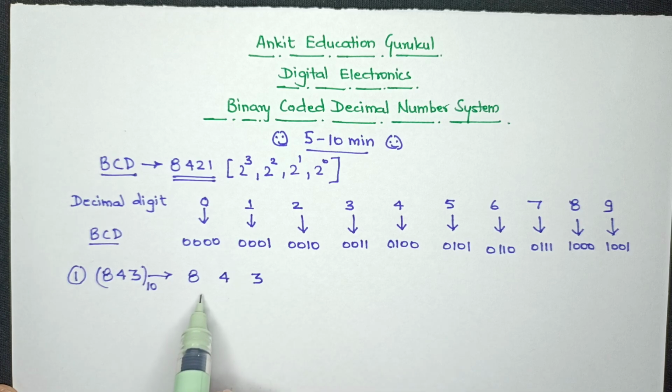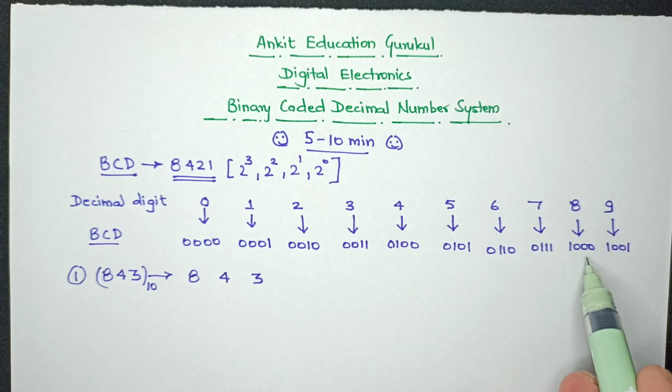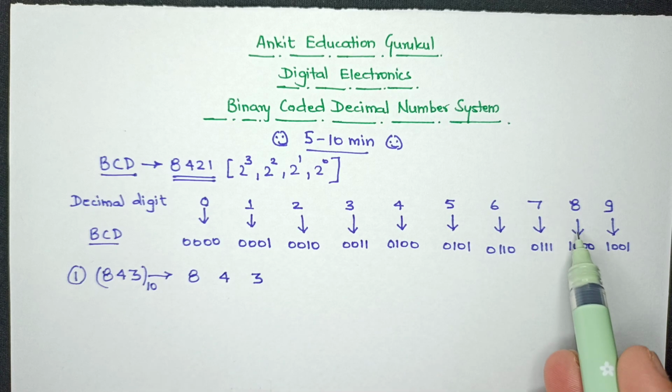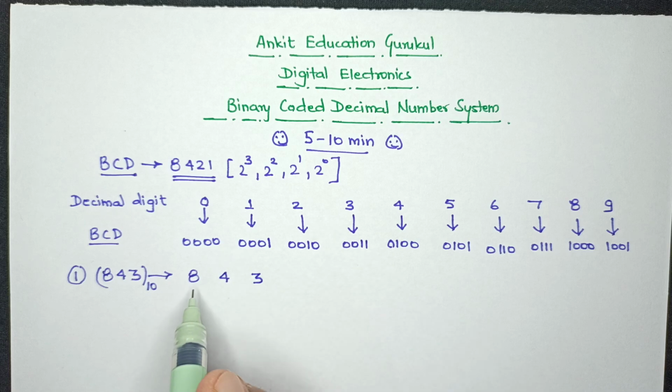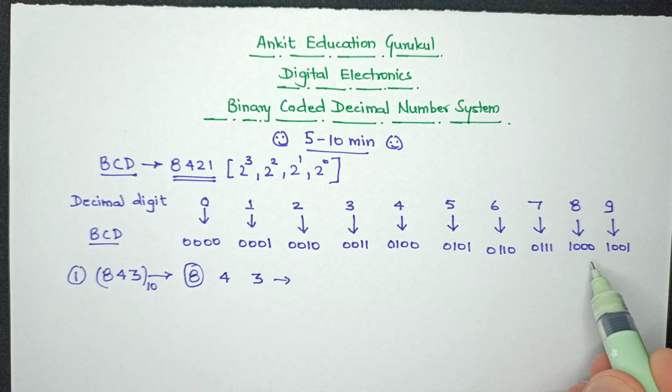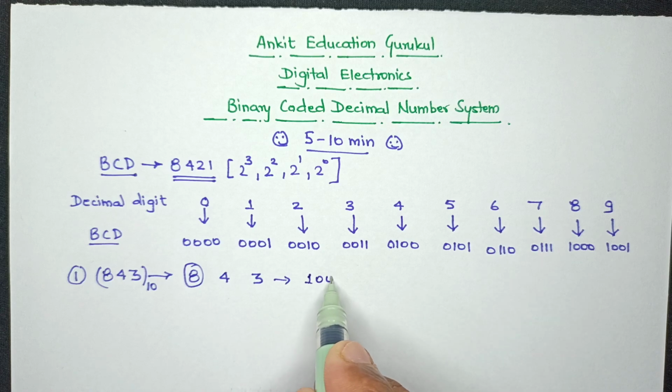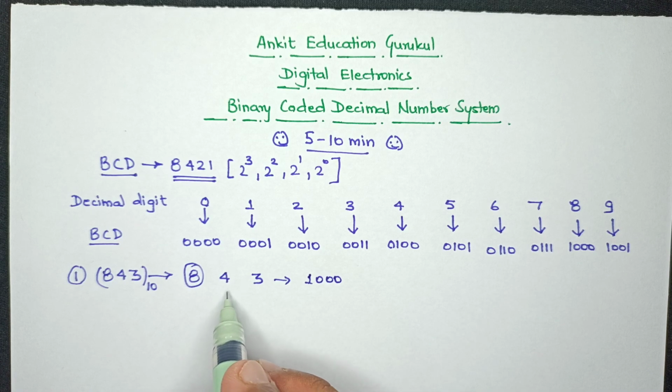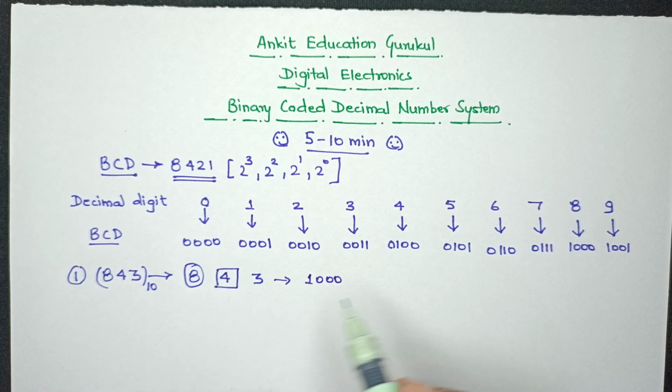To convert this into a binary coded decimal, all you have to do is directly write the codes of 8, 4 and 3. For 8, the first digit, the code is 1000. Then we have 4, which is represented by 0100.